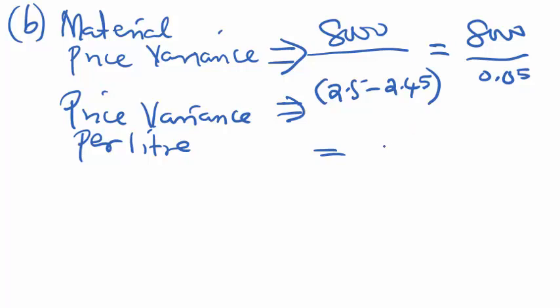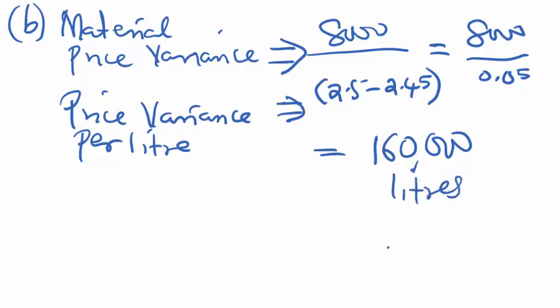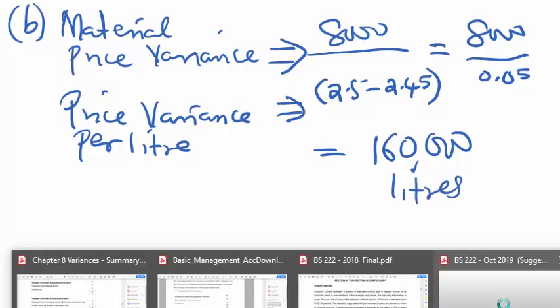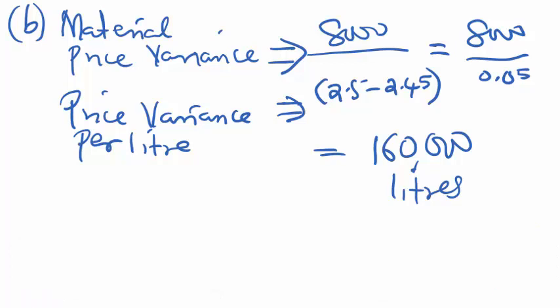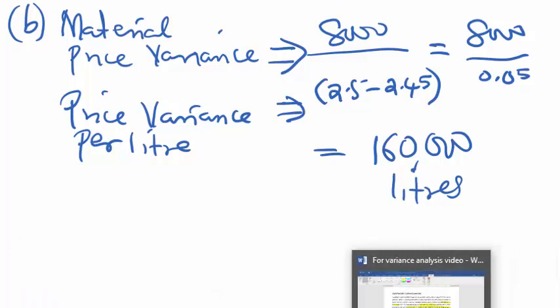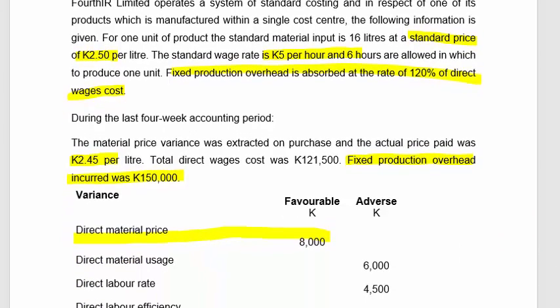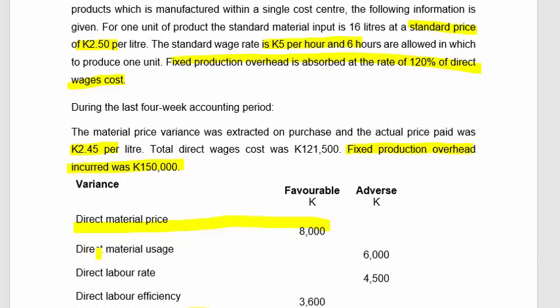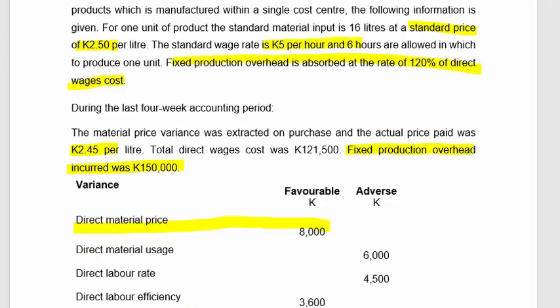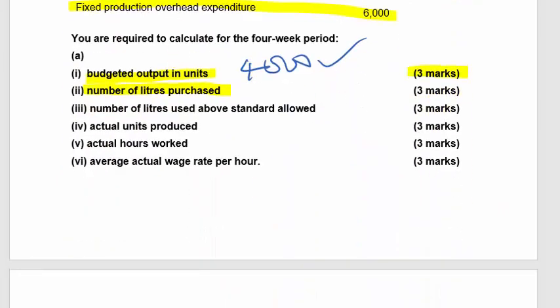So our answer here is supposed to be 160,000 liters.